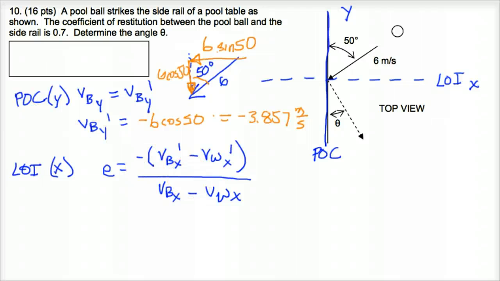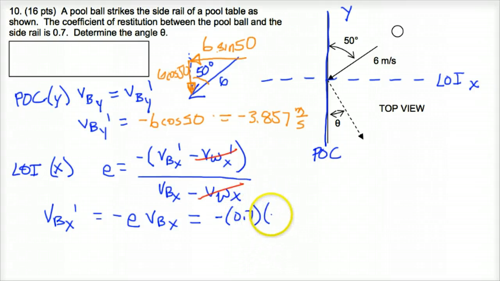Of course, the wall is not moving, so those drop out, and we can get our equation: velocity of the ball in the x direction afterwards is equal to negative e times the velocity of the ball in the x direction before, which is this component. So it's minus 0.7 times minus 6 sine 50.